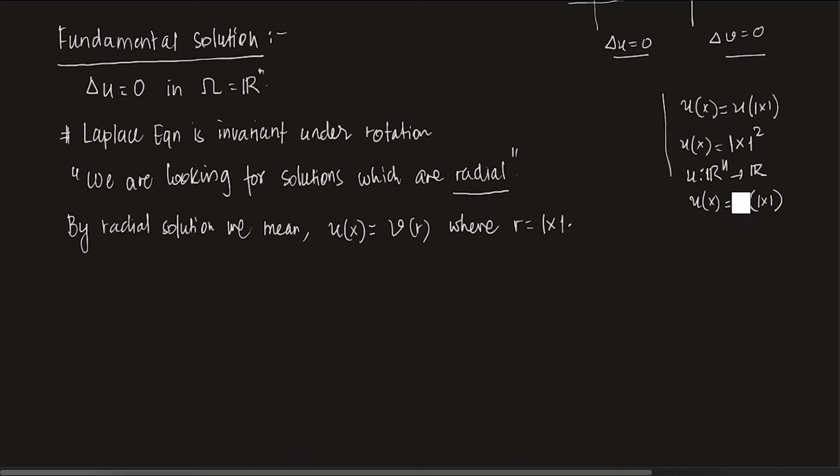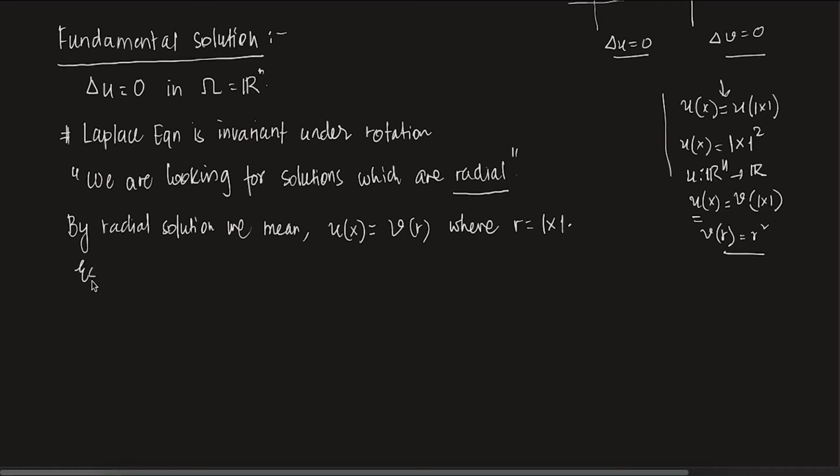It's not u of mod x, it will be some other function v of mod x. This is just an abuse of notation; we should not write it like this. So u of x is v of mod x, where v of r, with r equals mod x, is r squared.